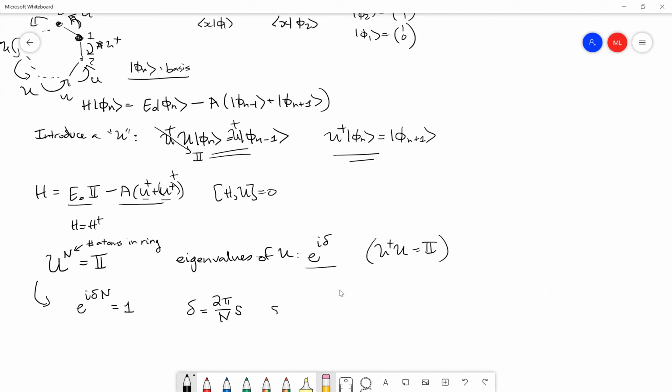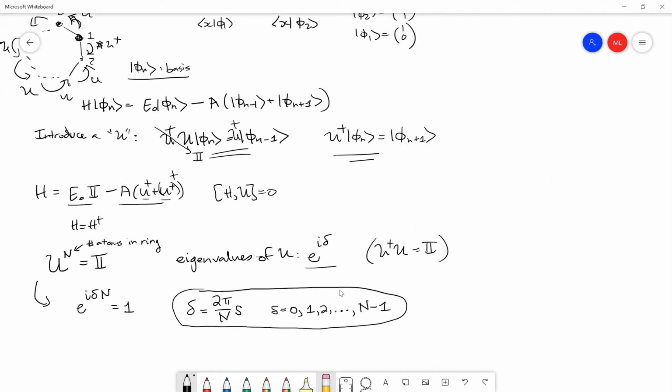So the only possibilities are, of course, it can be 0, e to the 0 is 1, but it can also be a multiple of 2 pi over n. And the unique ones are 1, 2, all the way up to n minus 1. So these are the eigenvalues, and you see there will be n of them, starting with 0, and then the largest one is 2 pi times n minus 1 over n.